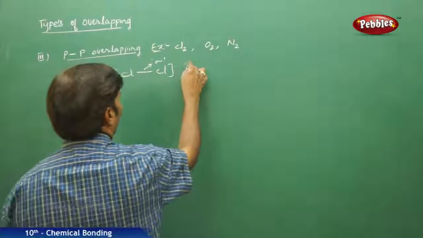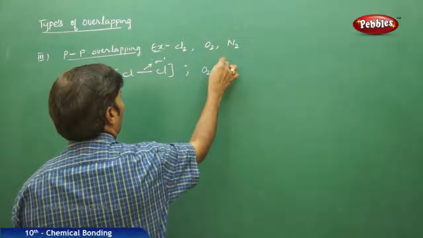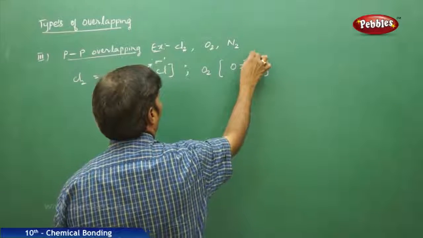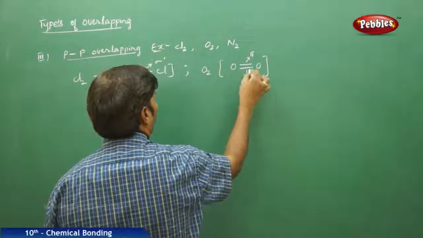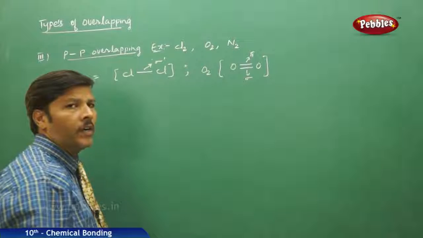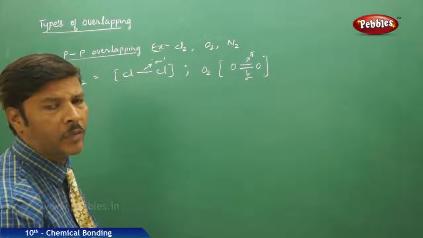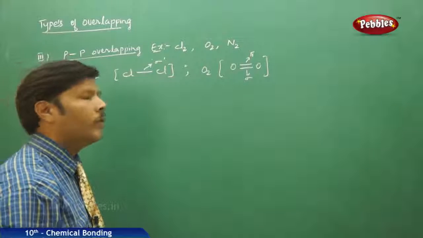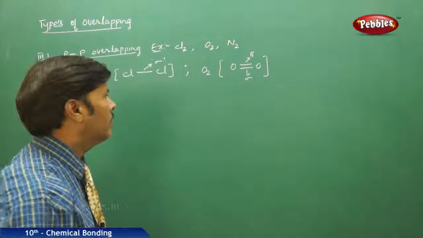If you take the oxygen molecule, between two oxygens there is a double bond. One bond is pi and the other bond is sigma. That means wherever a double bond is formed because of the overlapping of atomic orbitals, one bond is a sigma bond and the other bond is a pi bond.